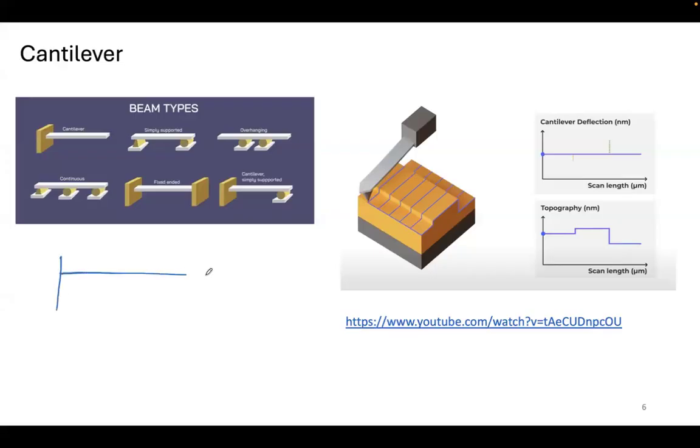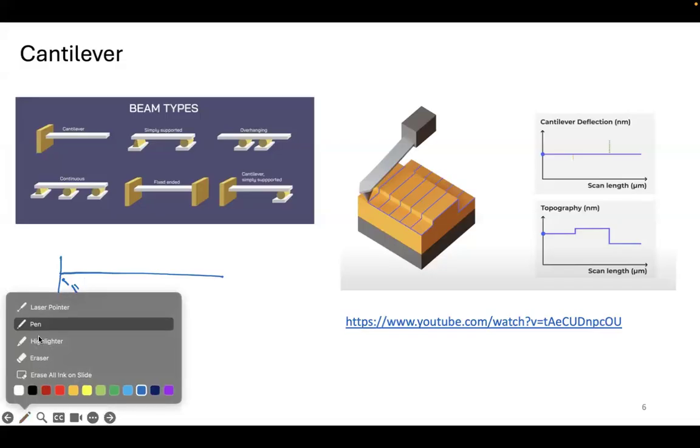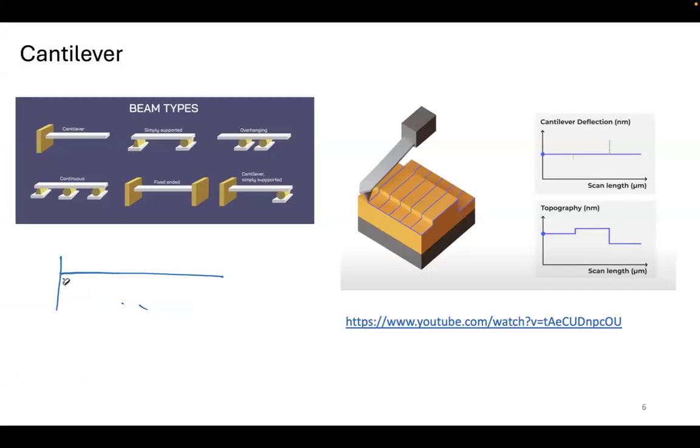So if you imagine this horizontal thing is the cantilever, and this is how much it deflects, then there are two ways in which you can quantify it.